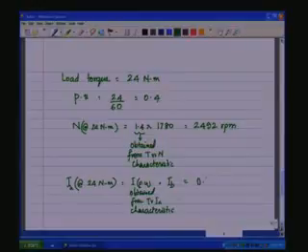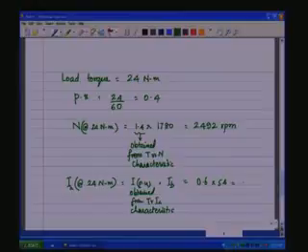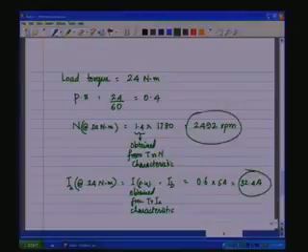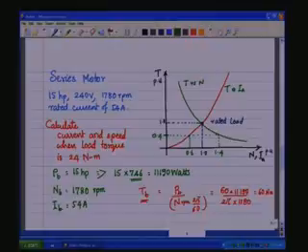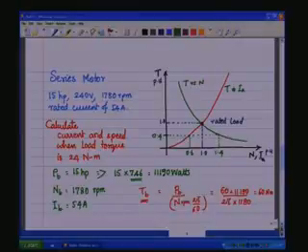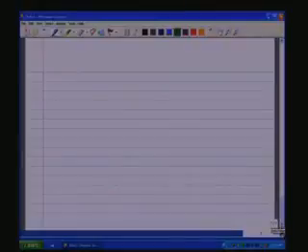So, this would be 0.6 into 54, which is around 32.4 amps. So, this would be the IA and the speed at a torque of 24 Newton meter for the characteristics as given for this particular machine. This is how one goes about calculating for this one.